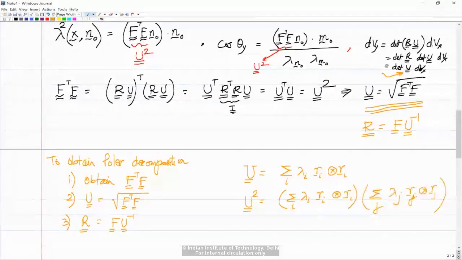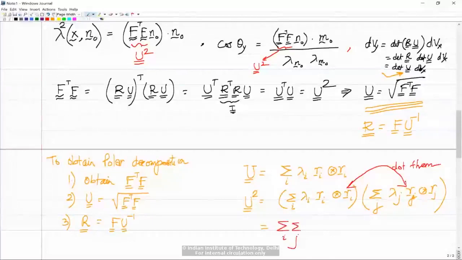And then how do I work out this multiplication of two second order tensors? You have already seen from my previous class, the inner ones are to be dotted. So what you have is a double summation now, summation over i and j.